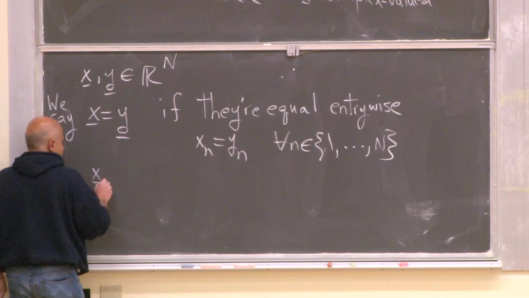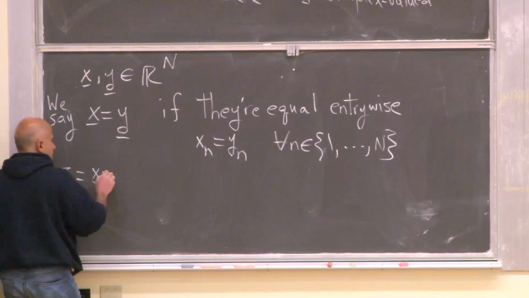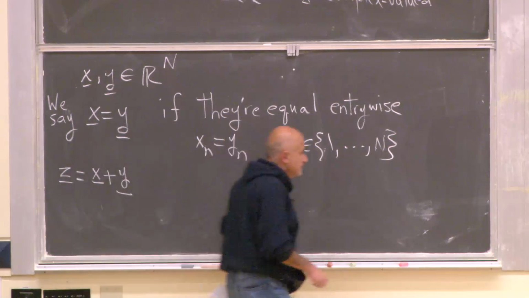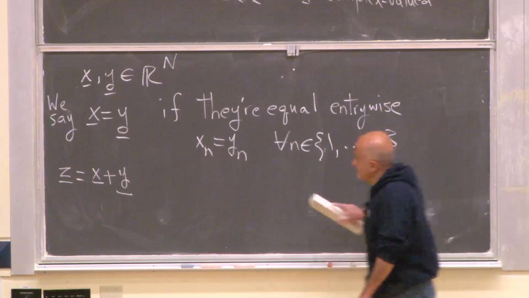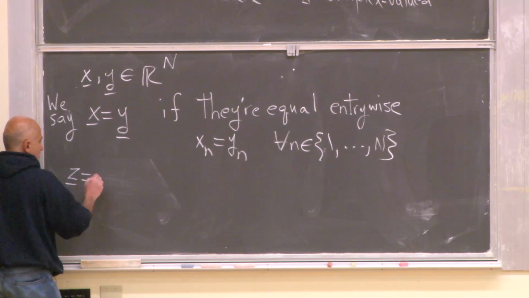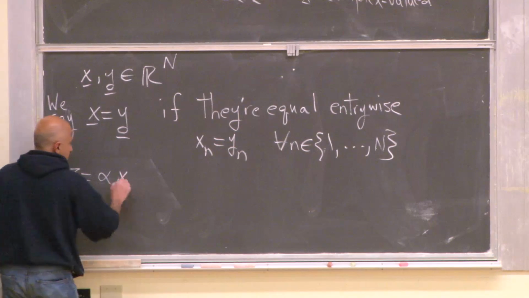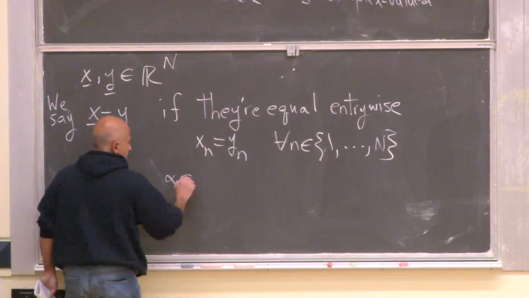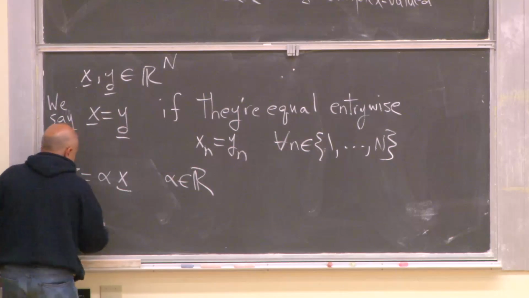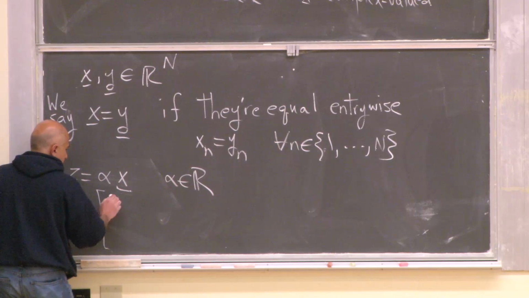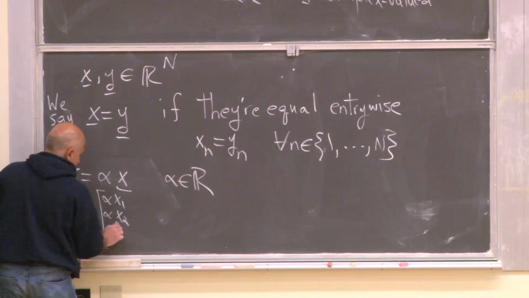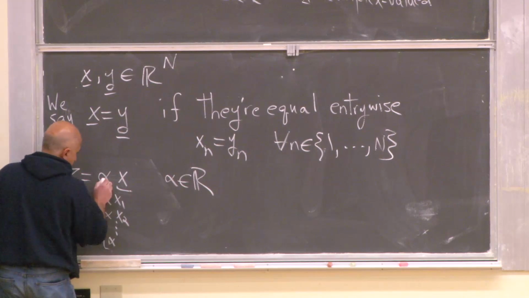We can define a vector z, which is the sum of, actually, let me do the scaling first. We can define a vector z, which is alpha times the vector x, where alpha is a real scalar. And z would then be entry-wise multiplication of x by the parameter alpha.